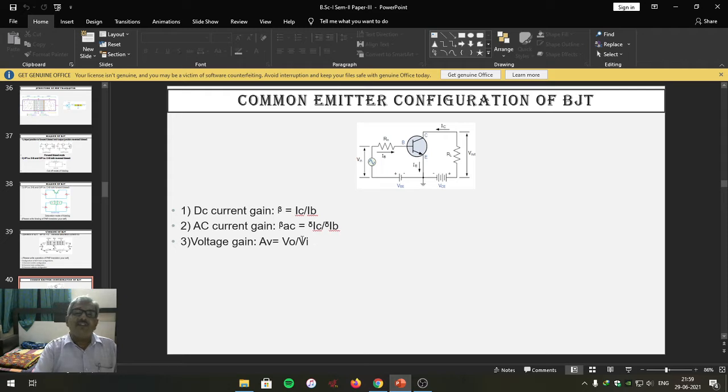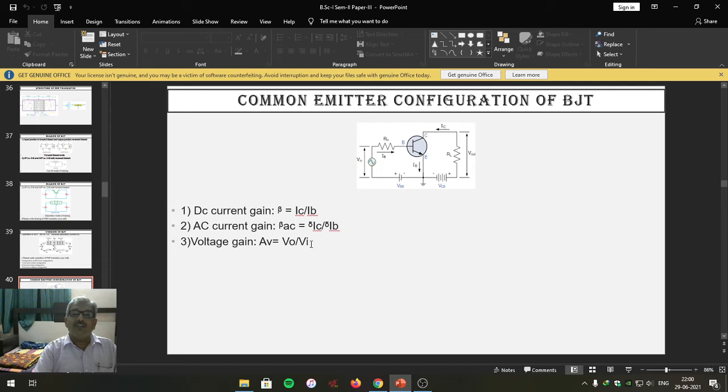The last definition we are going to study, it is the voltage gain. Voltage gain is defined as the ratio of output voltage upon input voltage. Here output voltage is VO, input voltage is VI, so that's why we can say voltage gain denoted by AV, and that's equal to VO upon VI.